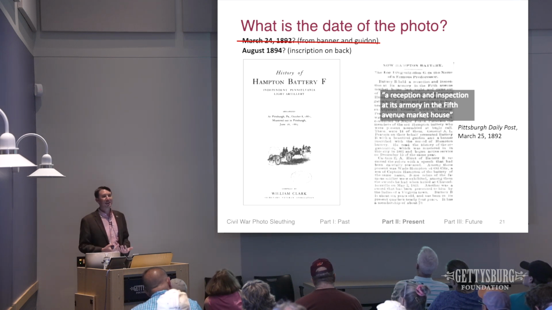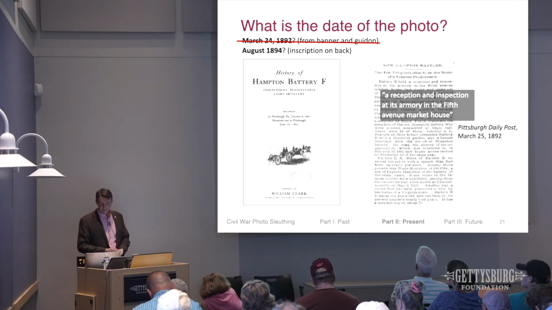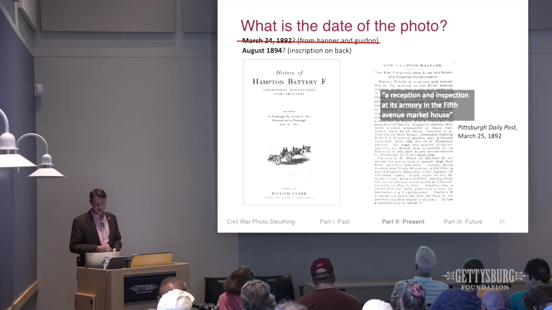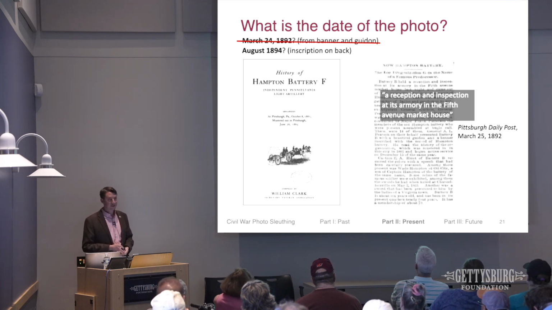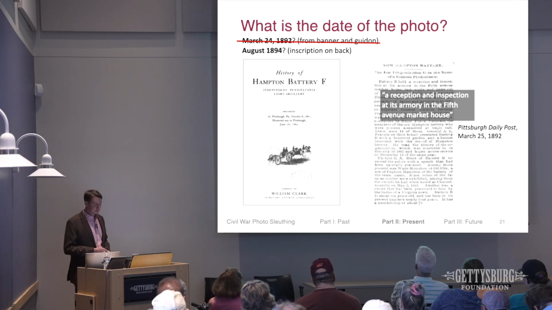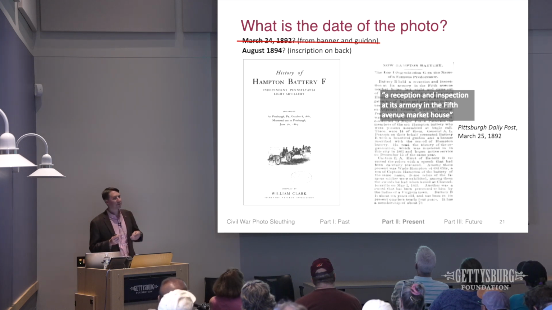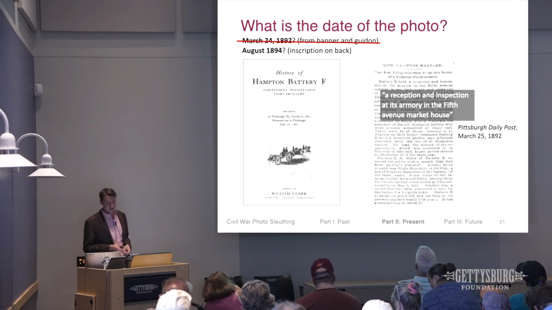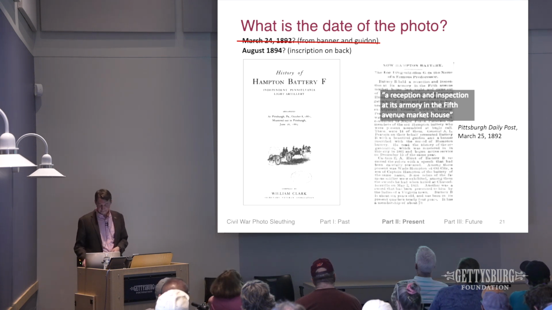So we know the significance of that date, and we know the origin of that banner and that guidon. However, it also says that the ceremony took place not in Gettysburg, but in the Battery's armory in Pittsburgh. So that tells us that's probably not when this photograph was taken or where it was taken.